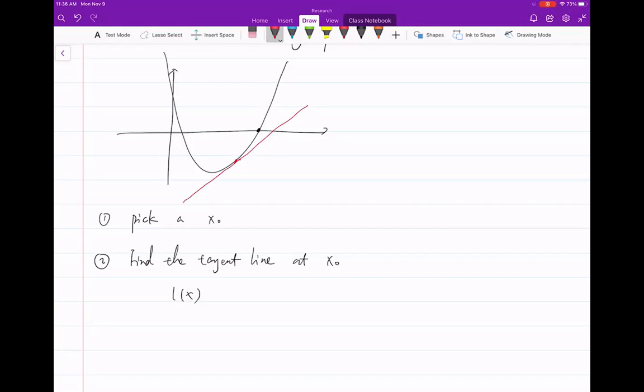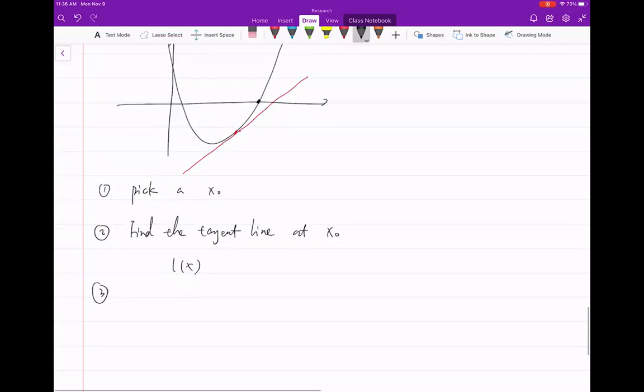Now, f(x) equal to 0 is really difficult to do. There's no way I can find 0. But L(x) equal to 0 is really easy to solve because it's just a line. Do you know how to find where the intercept of the line is? Just set y to be 0 and solve x. Good so far? That means I will be able to find this point. Okay. I start from something called x0.